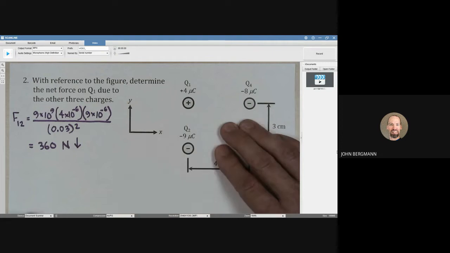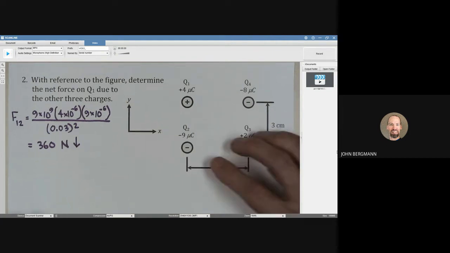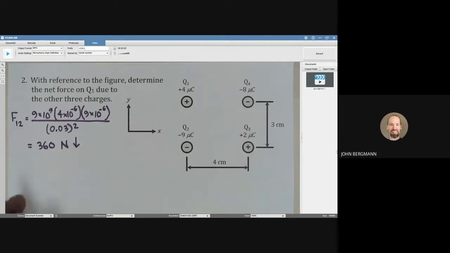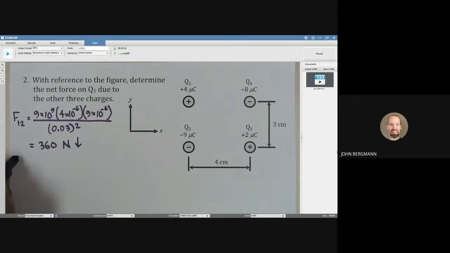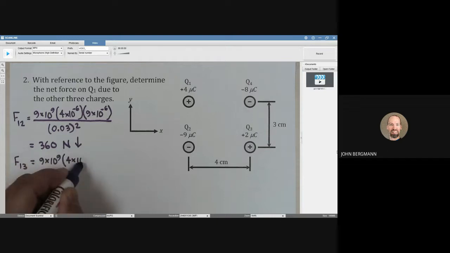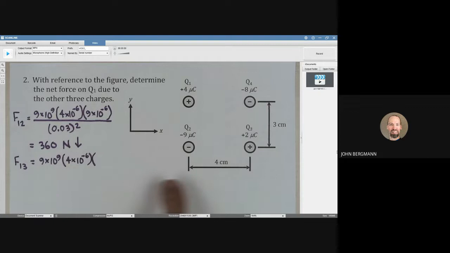So let's go through that. I'll show you the work rather quickly. You can verify this on your calculator in your own time if you wish. The force on charge 1 due to charge 3 is Coulomb's constant, 9 times 10 to the ninth, times the magnitude of charge Q1, 4 times 10 to the negative 6th. Now, what's the magnitude of charge 3?